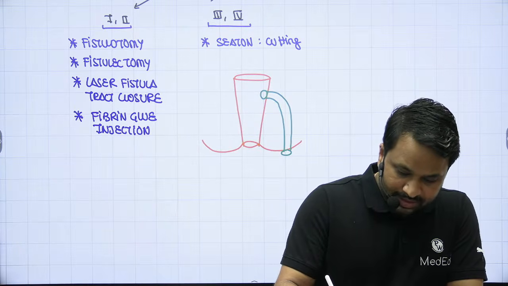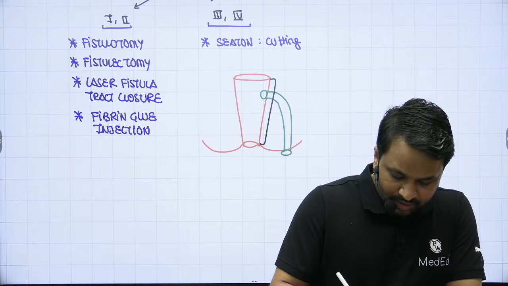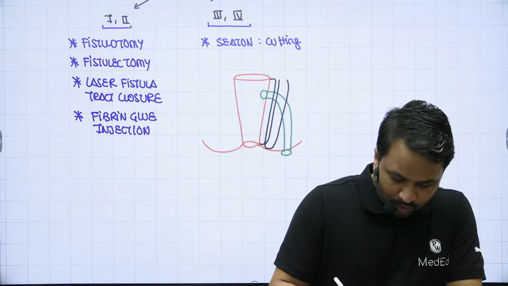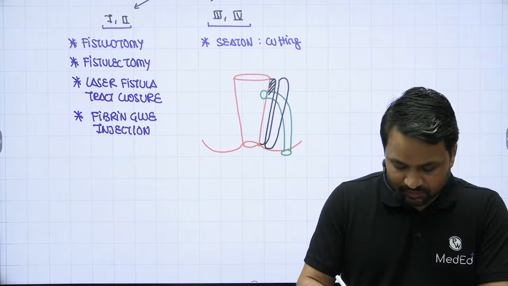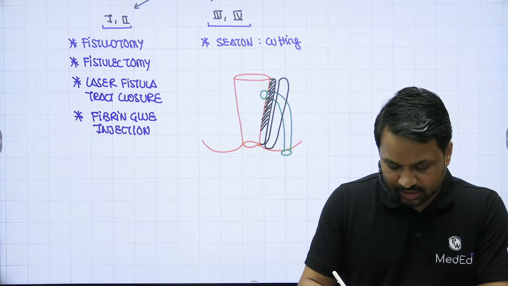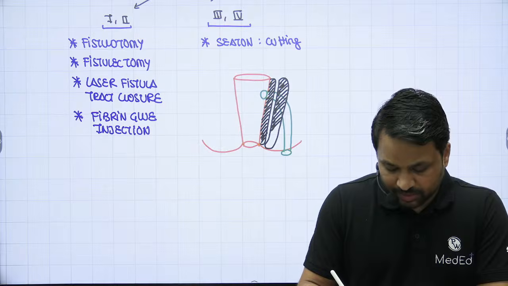Now because it is going through the internal anal sphincter and the external anal sphincter, if I go and try to operate, I will cause more damage to these sphincters. If the sphincter mechanism is lost, the patient will have incontinence. I cannot have a patient develop incontinence.